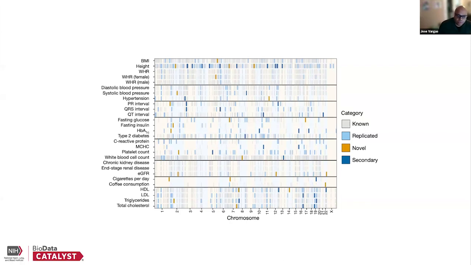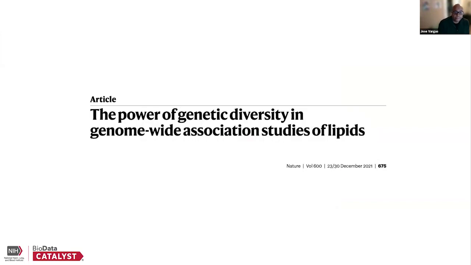That really is one of the reasons that the push for diversity in genetic studies has actually been very fruitful so far. Now, this is one of the largest and most diverse genome-wide association studies of lipid traits. And it is a really wonderful example of how diverse GWAS cohorts can lead to larger and more functionally relevant GWAS hits.